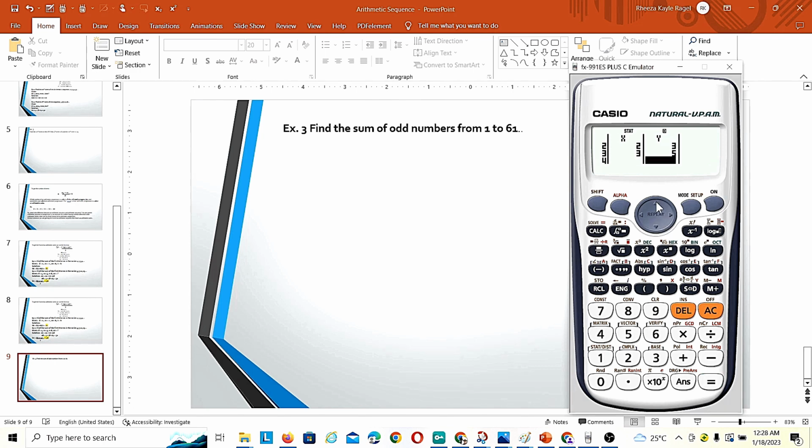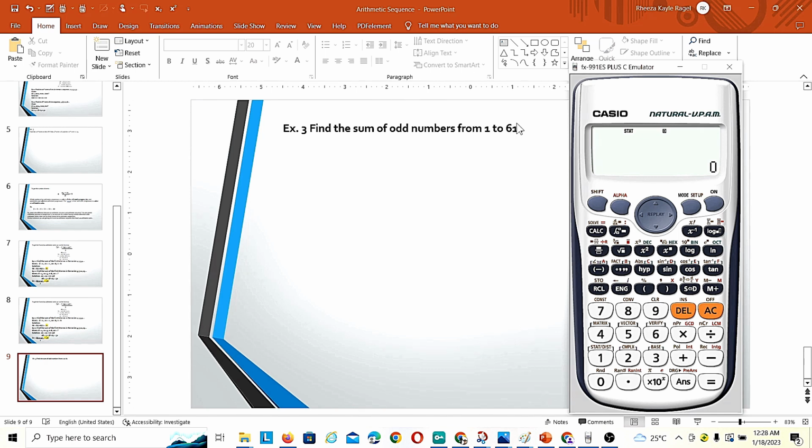Okay, we are finished inputting our values. We can now press AC. Now, what we are going to do? This 61 pertains to the value of the nth term. We do not know what position this 61 is.